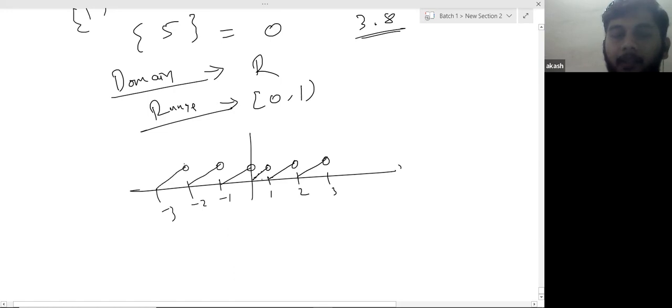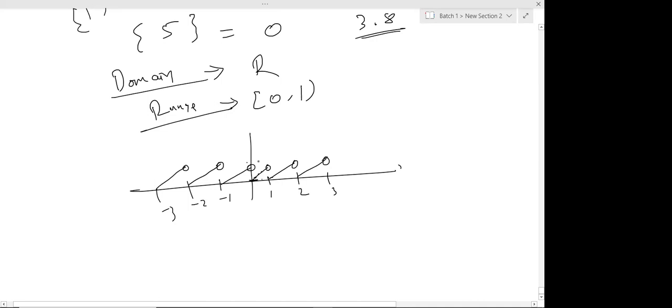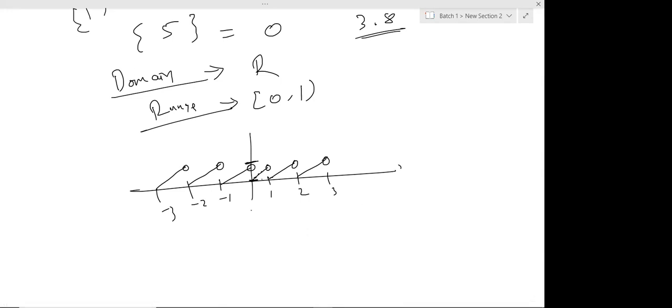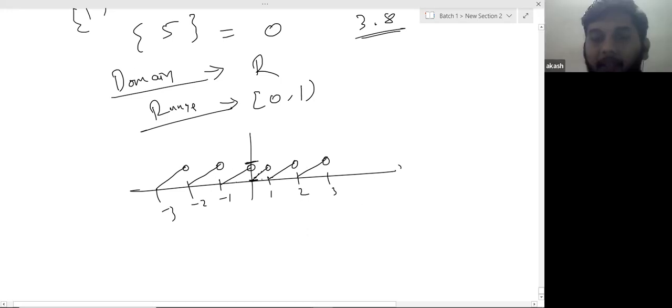Is this graph clear or not? Range will be from 0 to 1, it cannot go above this or below this, and domain is R. You draw symmetrically, right? I have very ugly diagrams.